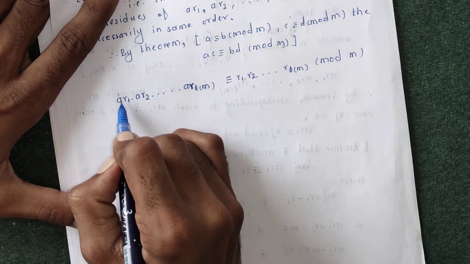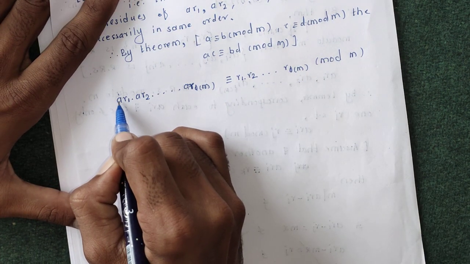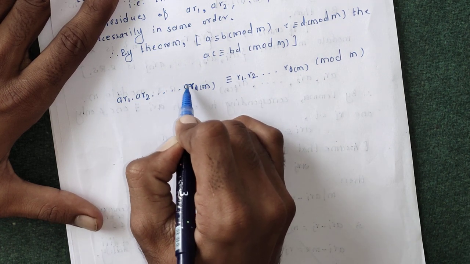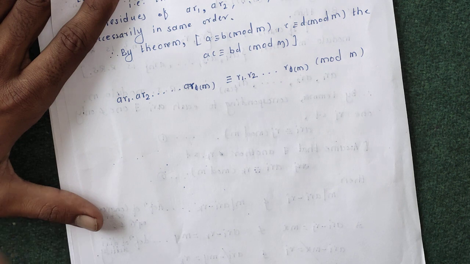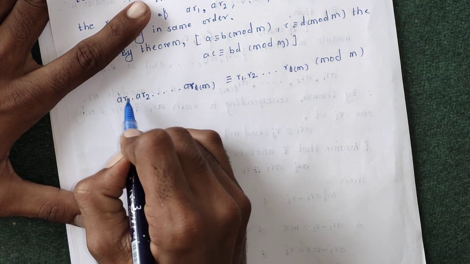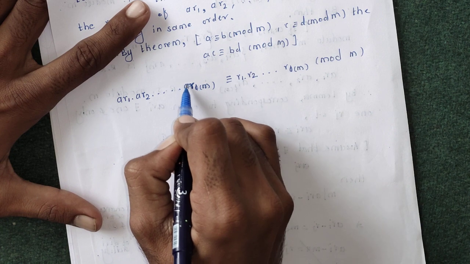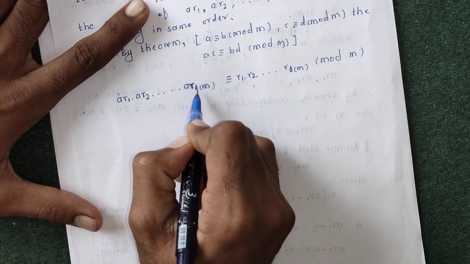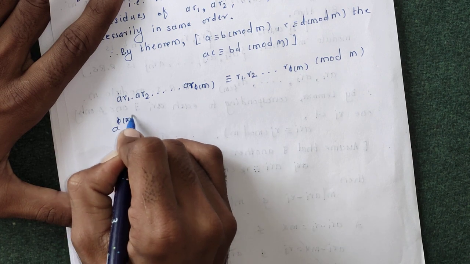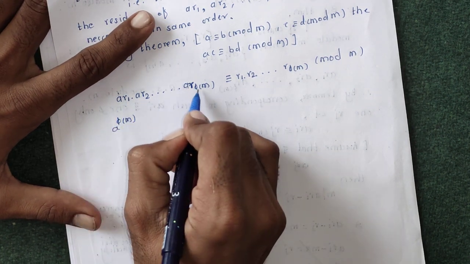Here, in each term ar1, ar2, ar3, ar4, a is multiplied by some ri. So a appears one time, second time, third time, up to phi of m times. So a to the power phi of m. Taking a to the power phi of m common, a is multiplied phi of m times.